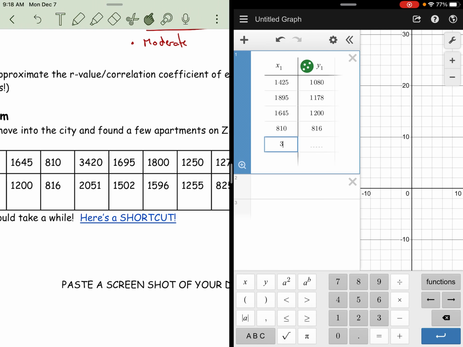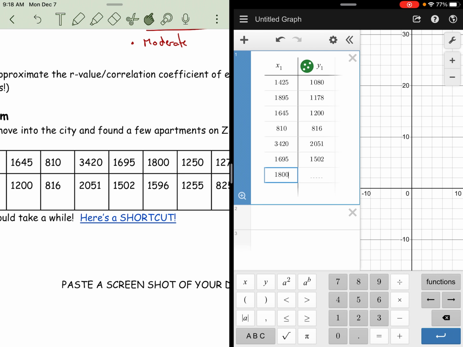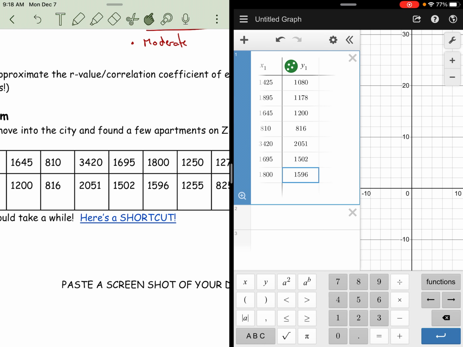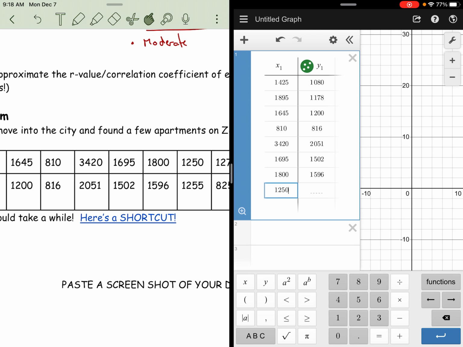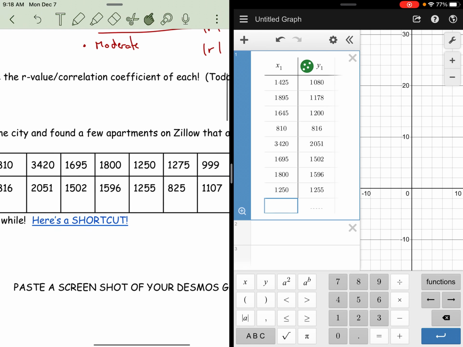Okay. 3420, 2051, 1695, 1502, 1800, 1596, 1250. Yes, you will be asked to do this on the test, by the way.